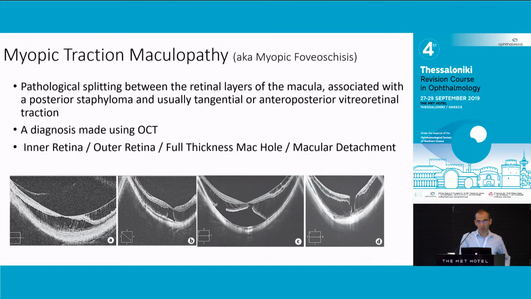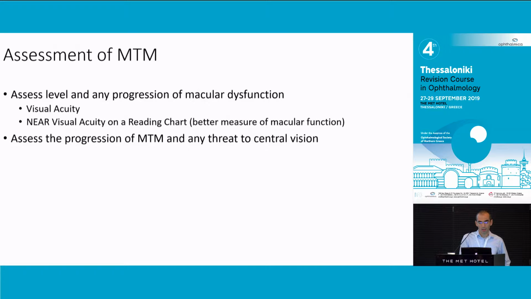It's a diagnosis made with the OCT, and when you assess these patients, you really assess for any evidence of progression. Macular dysfunction progression is the most important thing. Apart from visual acuity, it's a good idea to assess near vision on a reading chart, because someone may have progressive symptoms and the visual acuity may be the same, but if you try and get them to read N5 or N6, they might not be able to do it.